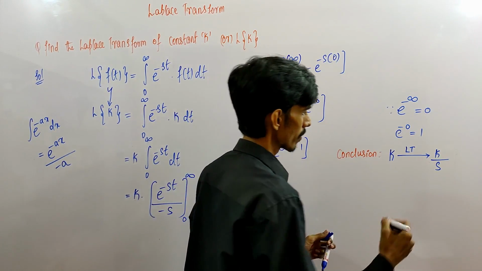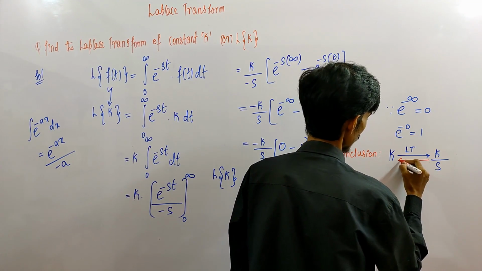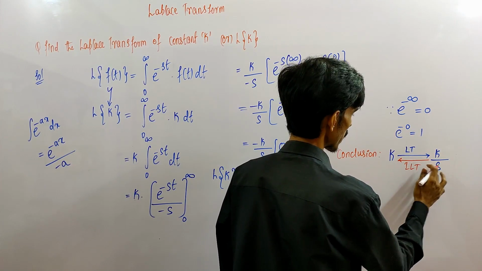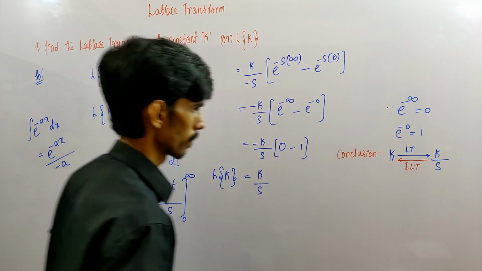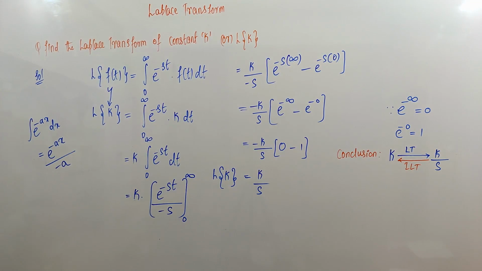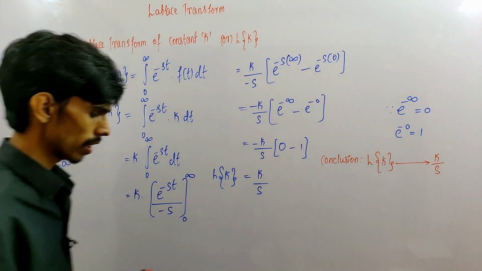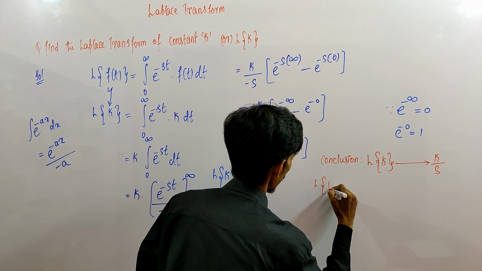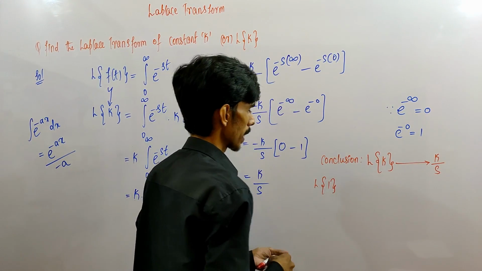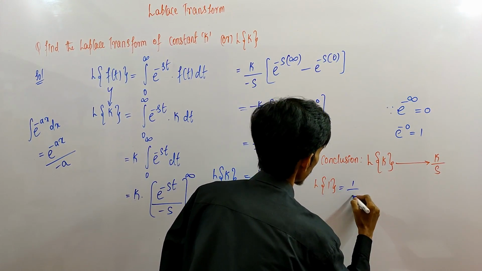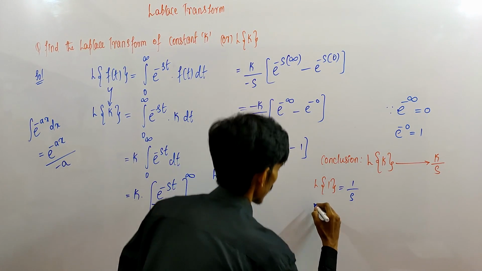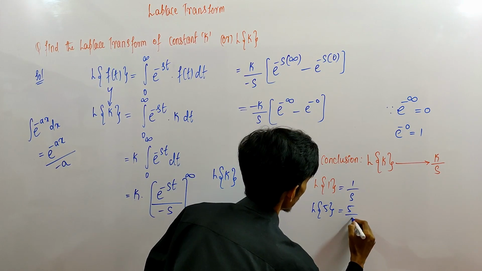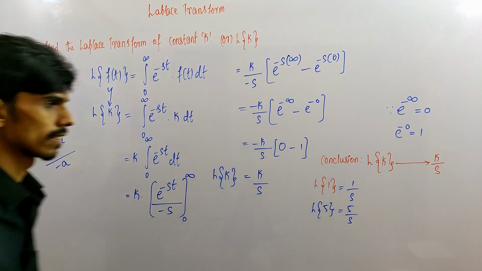Even if we take inverse Laplace transform of k by s will be k. For example, if I ask the Laplace transform of 1, then it will become 1 by s. Laplace transform of 5 will become 5 divided by s, like this.